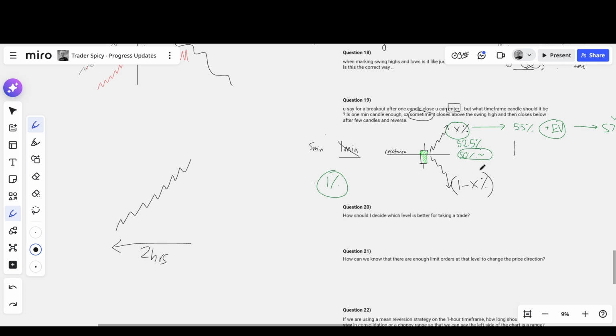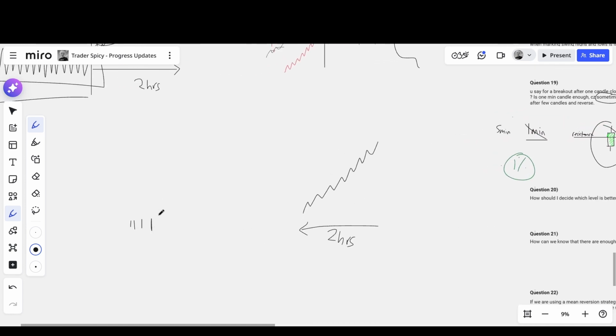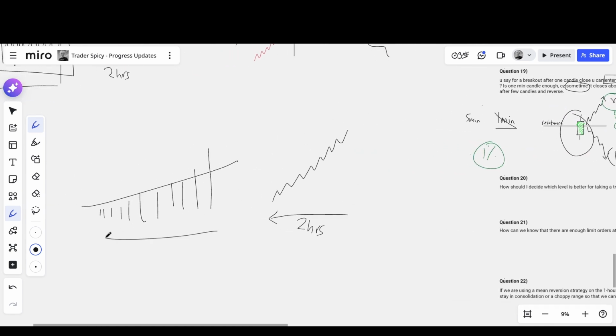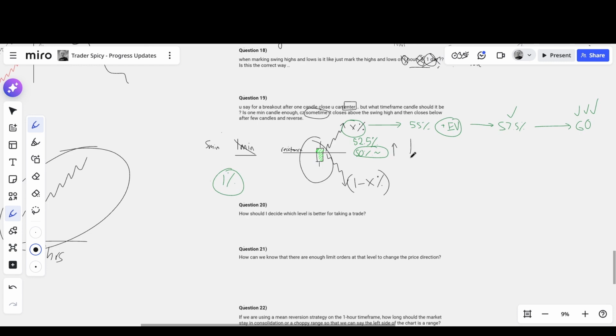But if you get more strict and say, I'm only going to take it if there is a candle close above a level and there was at least 2 hours of staircase, you're going to notice a little bit of a bump up in X. If the volume was also increasing for the past 2 hours or throughout this staircasing regime, again, you'll notice a little bump up in X.